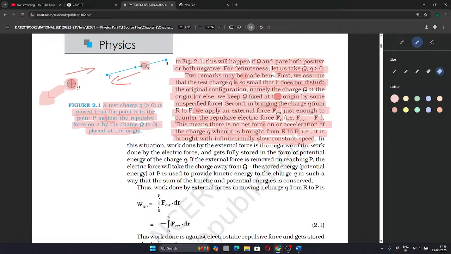If the forces are equal, the net force is 0. That is what is happening here. The net force is 0. So the acceleration will also be 0, and it is brought from R to P at an extremely small constant speed. When the force is 0, there is no repulsion or attraction, and it is moving there at an infinitely small constant speed. This speed is constant.